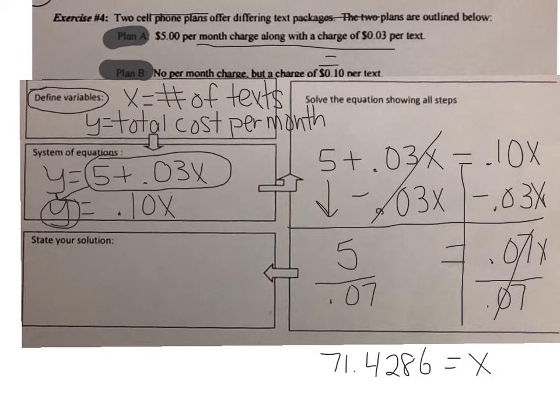Well, don't forget, if you look back up here where we said define our variables, it said that x is going to equal the number of texts. 71.4286 for a number of texts doesn't make a whole lot of sense because we can't have decimal number of texts.